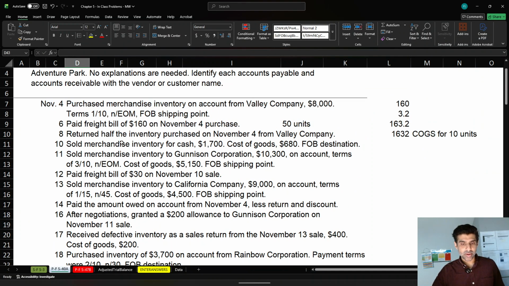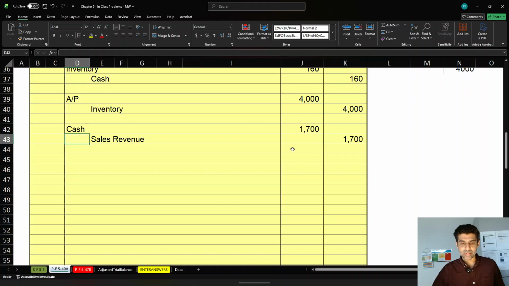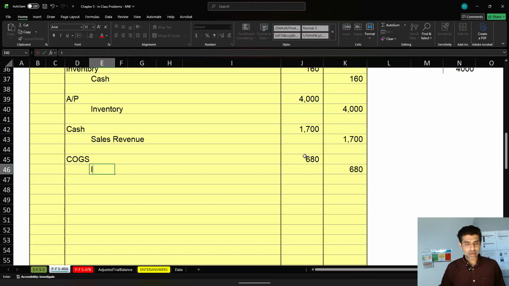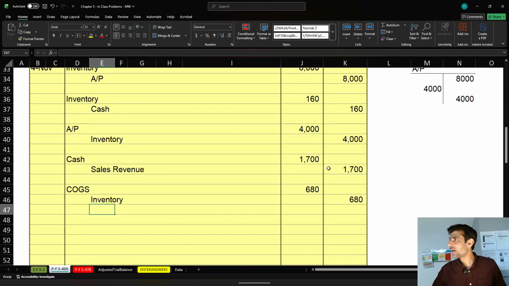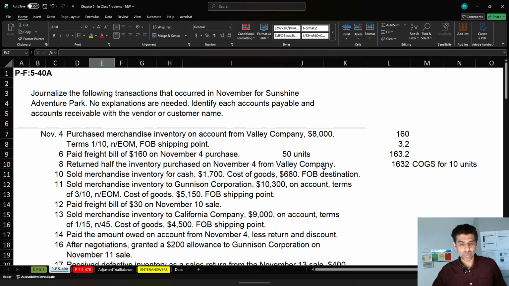That's what it said right here. Inventory for cash. Cost of goods sold is 680. So this is the first journal entry. The second one, we do cost of goods sold. That's our expense, and our inventory asset is reduced by that same amount. Okay? All right, any questions on this so far? No? Okay, all right, keep working then.